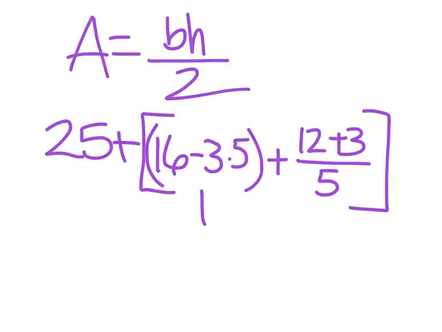1. And then over here, before I can do this, this is interesting if you look at it. Because really, you have to treat the top and the bottom of this like it's in parentheses. So I would have 15 divided by 5, that's 3.